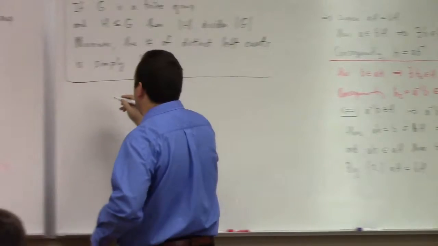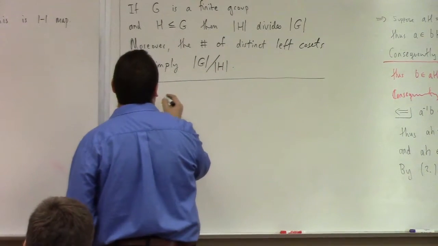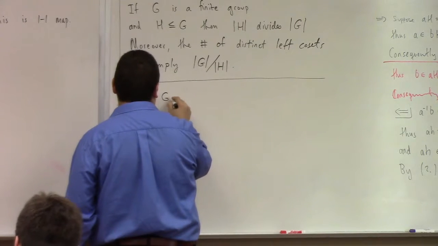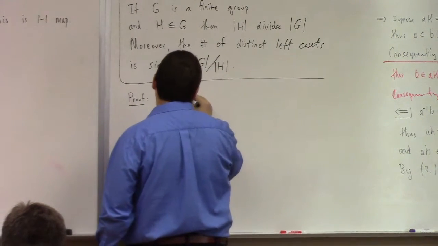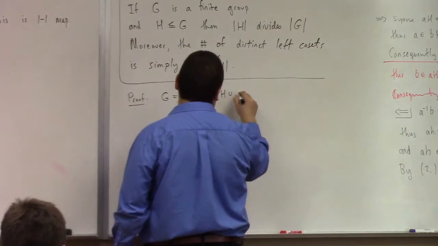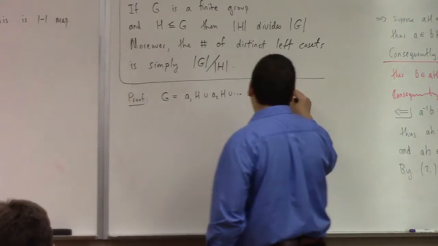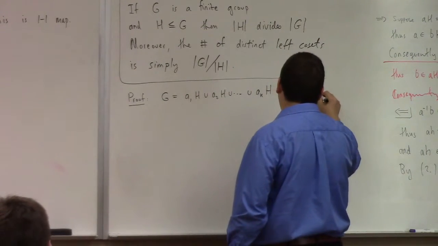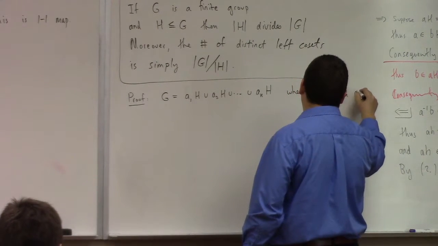So here's the proof. And this is one of my absolute favorite proofs from this course. It's beautifully simple. What you do is just say, well, let G be formed by the disjoint union of the cosets, like A1H union A2H union and so on, union AKH, where A1, A2, up to AK are distinct.